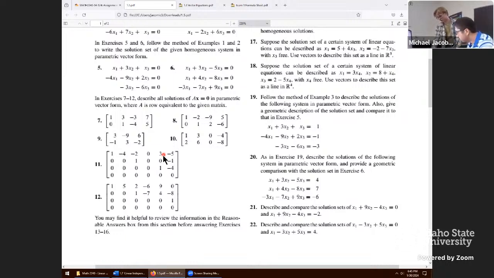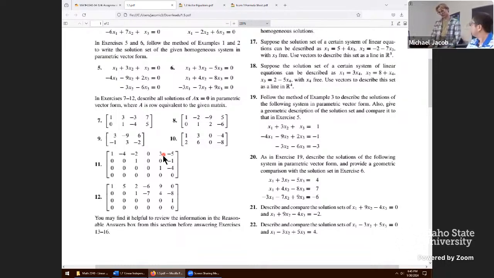I guess maybe I had a question about setting up the equation. Is x6 going to be a free variable, or is x6 just going to be nothing when I set it up? Let's see, we've got x1 is a pivot, x2 is free, x3 is a pivot, x4 is free, x5 is a pivot, and then x6 is free. So x6 is free, okay.